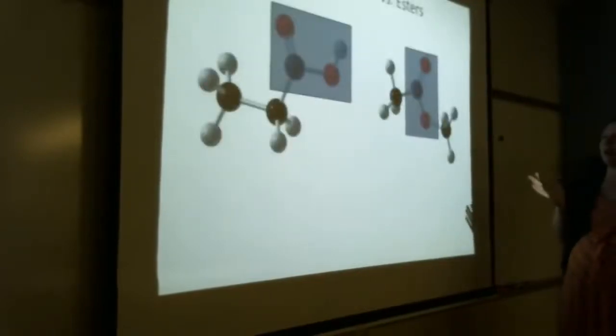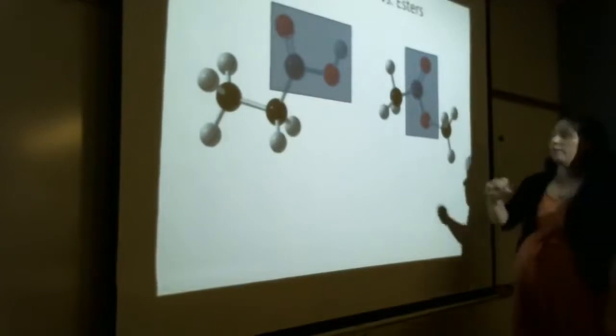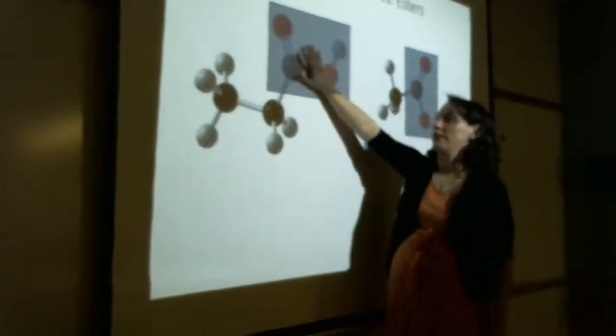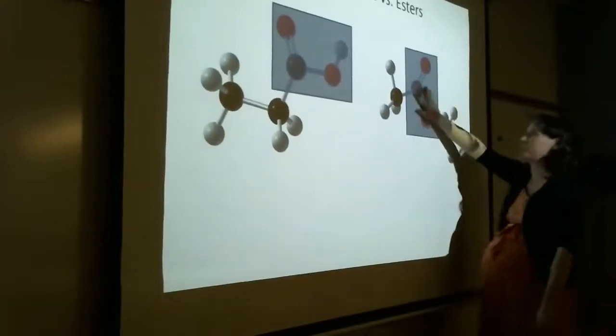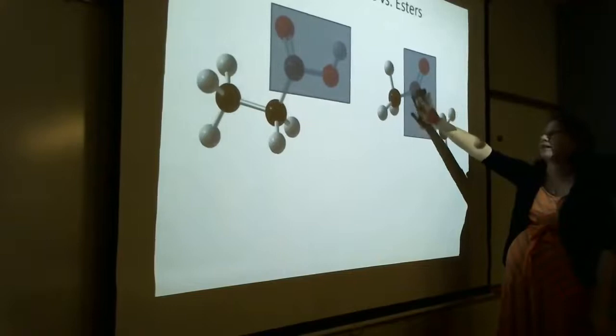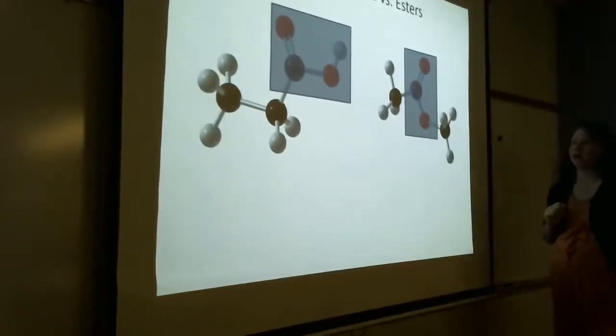So carboxylic acids are going to be on the end, just like an aldehyde, and an ester is going to be on the interior, just like a ketone. So they are analogous to each other in that regard.